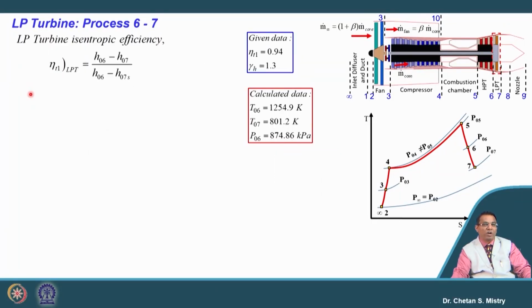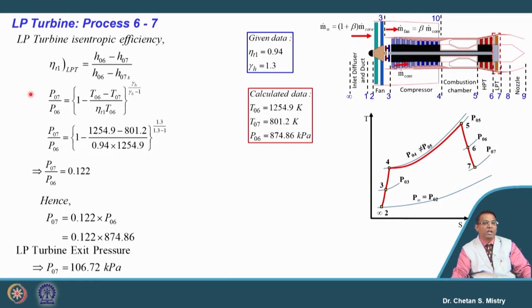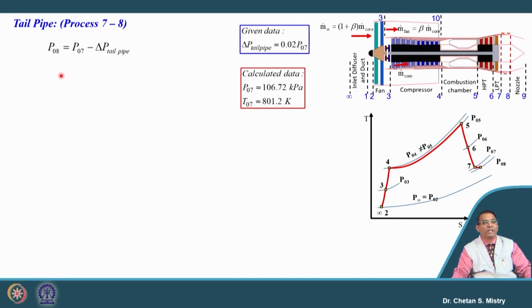Similarly, based on our efficiency term for the LP turbine, we can calculate the exit pressure from the LP turbine, and if we put these numbers, it comes to be 106.72 kilopascal. Okay. Now, in this case we are given tailpipe information also.